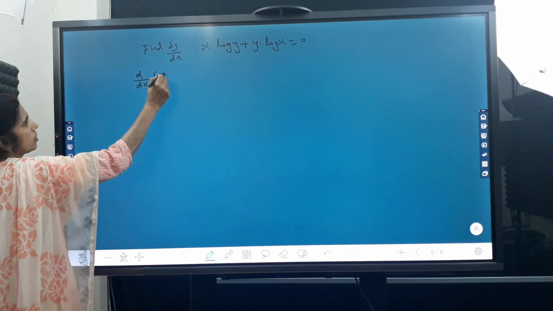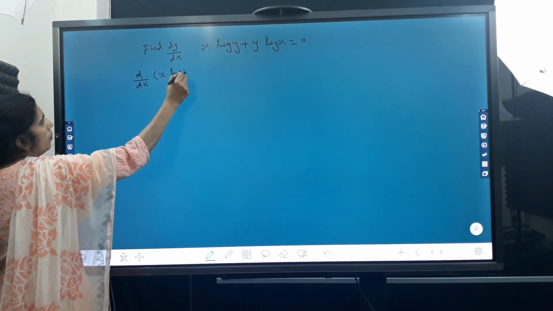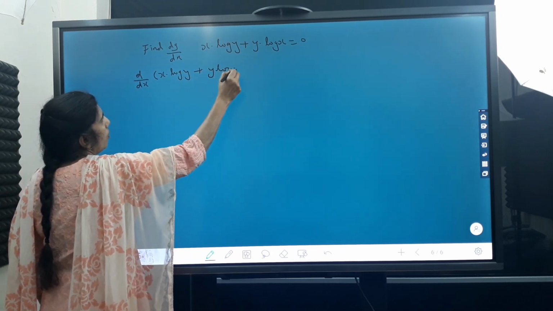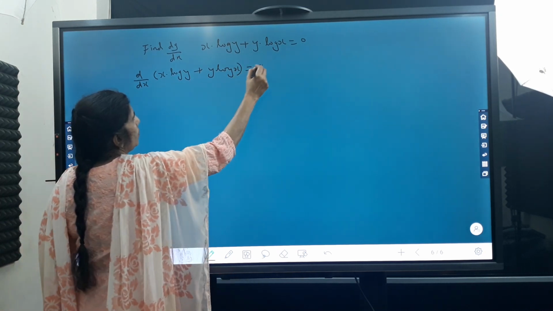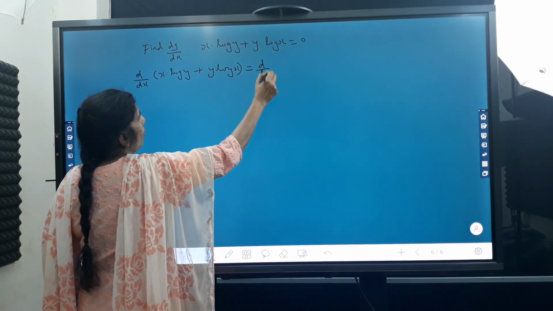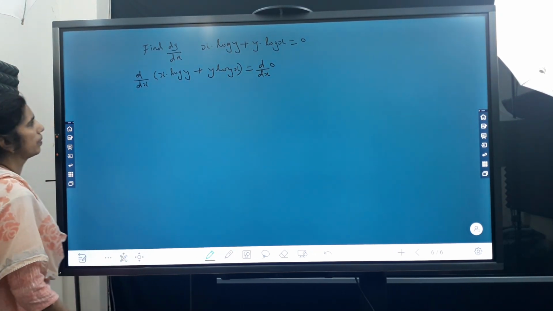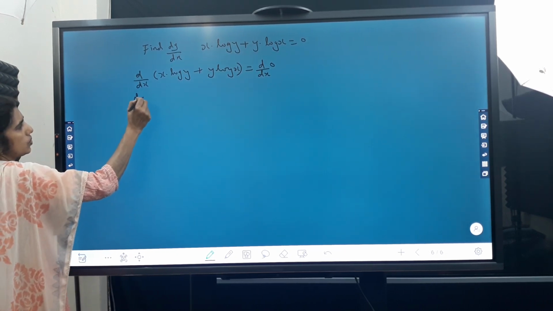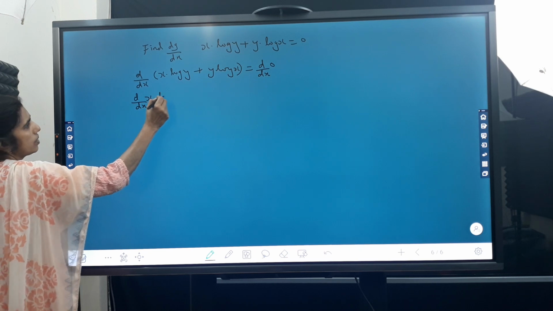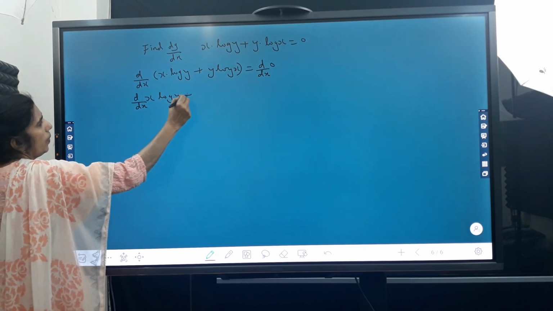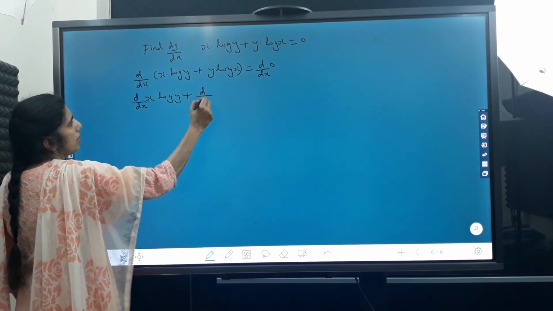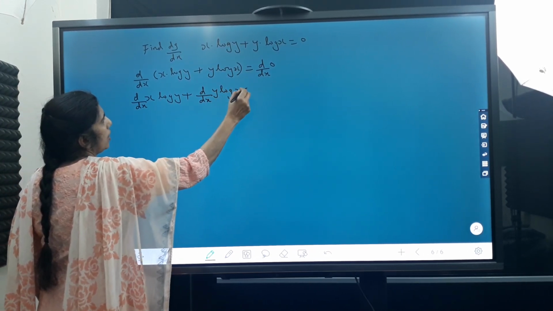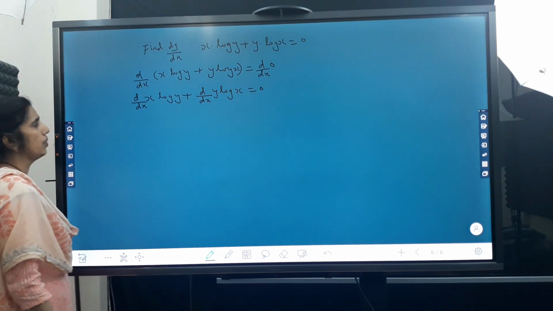So d by dx of x log y plus y log x equal to d by dx of 0. We separate the terms, so we get d by dx of x log y plus d by dx of y log x equal to 0.